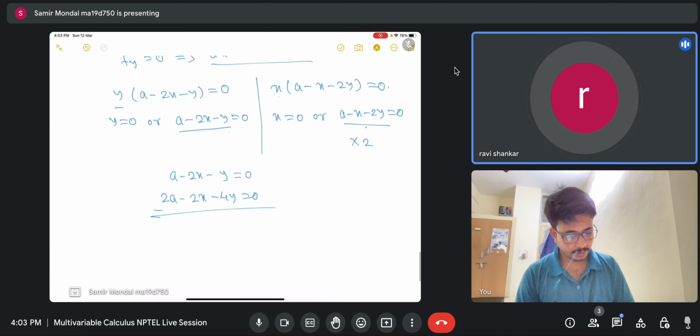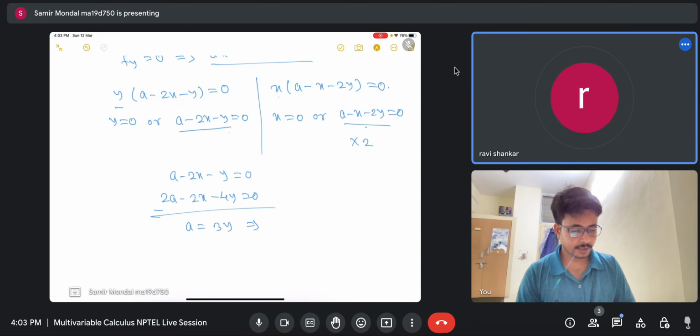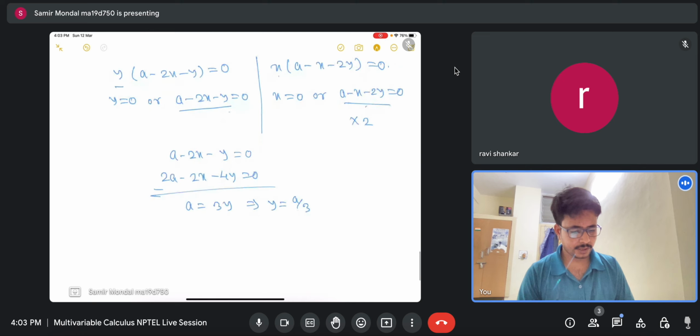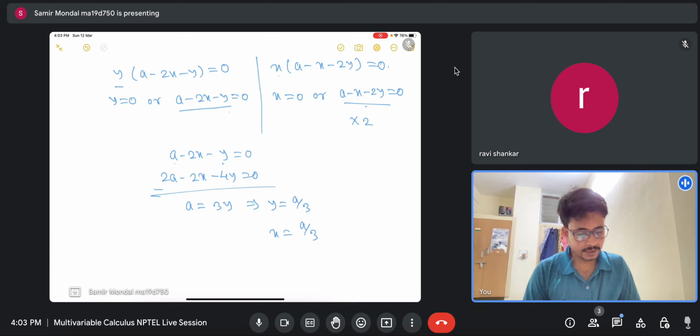A equals 3y. So here we are getting y equal to a by 3, and similarly we will get x equal to a by 3. If you put the value y equal to a by 3, then this a minus this quantity is 2a by 3, so x is a by 3.